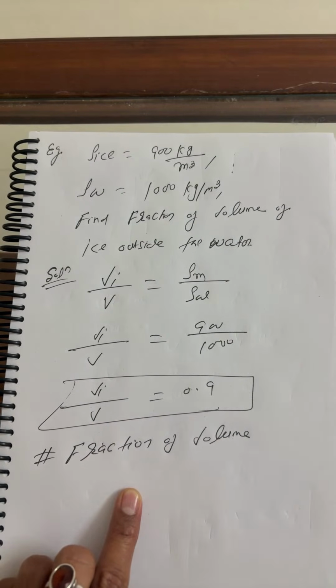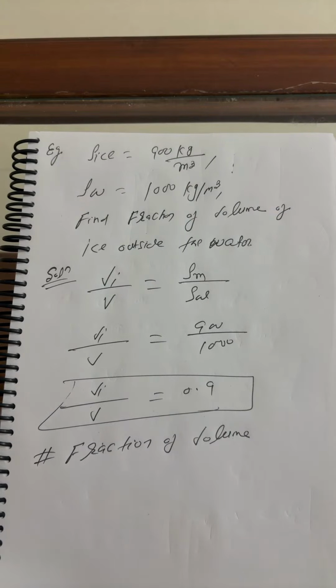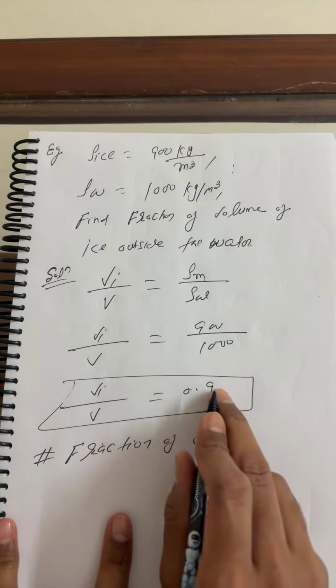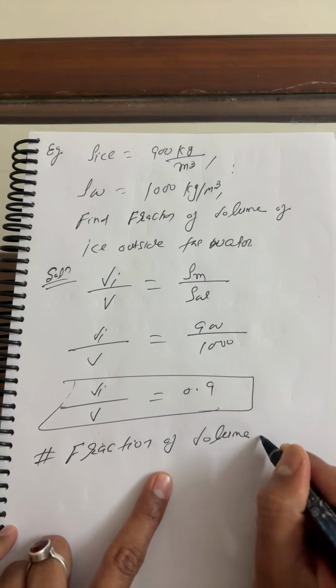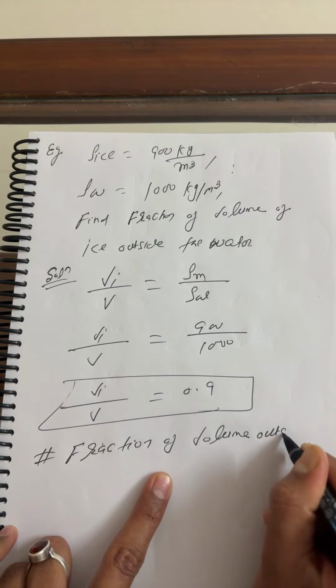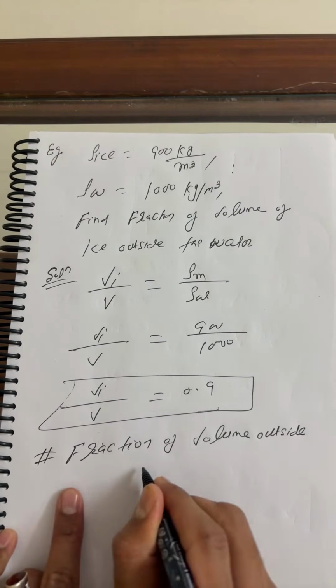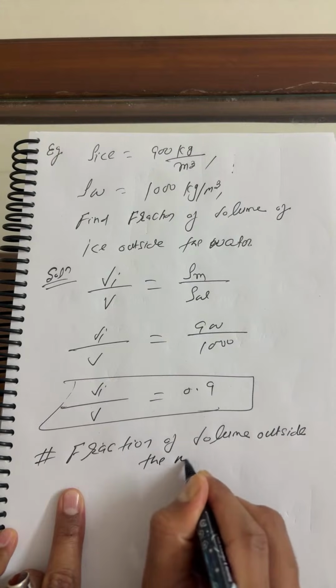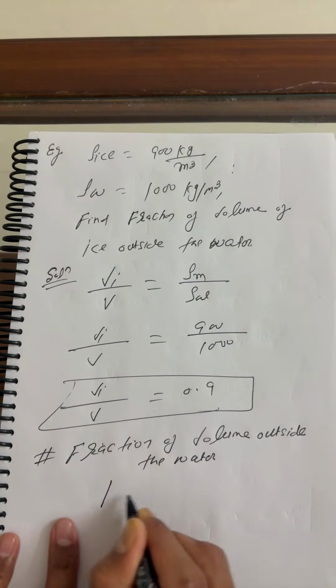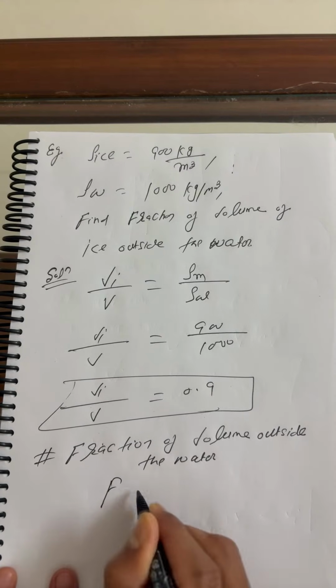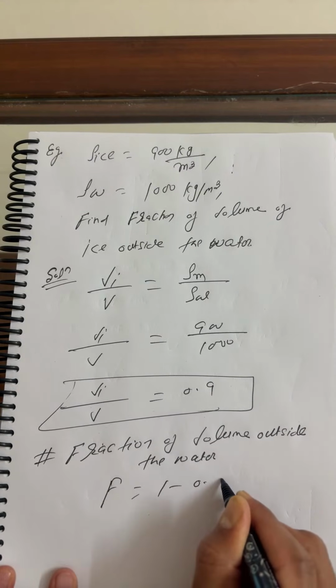Yes, Aditya, Krishna, you are correct. 0.9 inside the water. So the fraction of volume outside the water, F, is equal to 1 minus 0.9.